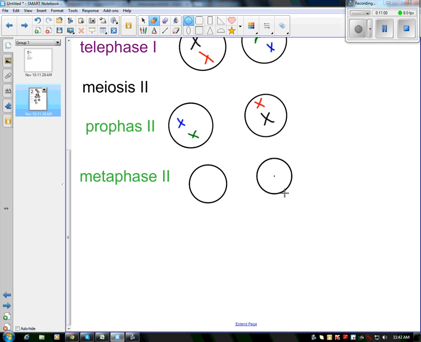We have these daughter cells. Your chromosomes line up in the middle. That's supposed to be in line. I'm just not good at it. Yeah, that's better.